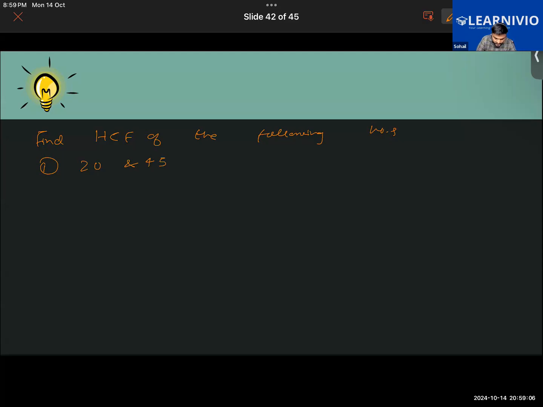Question number 2, take 78 and 42. Okay. Then take question number 3 as 48 and 36. Or let's take one more number. Let's take 36 and 60. Find the HCF of these four questions.